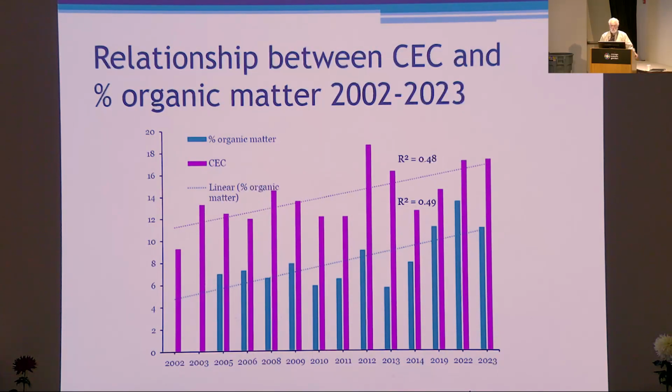Just to give you a little from my own garden, when I saw this and got interested in it, I thought, okay, well, I've been taking soil samples for a long time. What is the relationship between the percent organic matter in my soil and the cation exchange capacity? So the cation exchange capacity is in purple, the percent organic matter is in green, and you can see that statistically there's a very strong positive correlation between those.